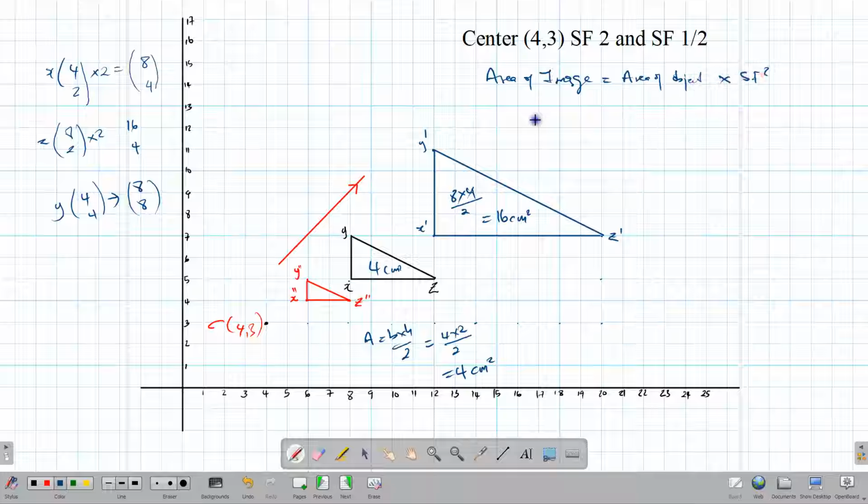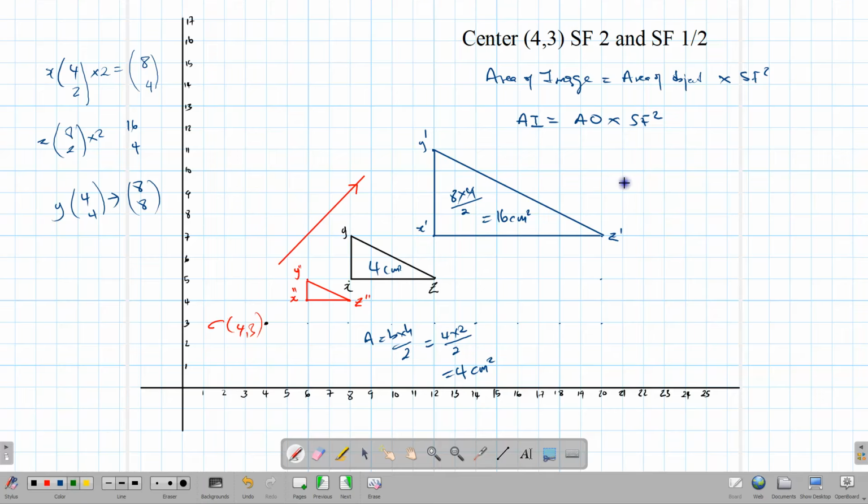So let's shorten that. Area of image is equal to area of object times scale factor squared. Let's try it on that. So the area of our image here is 4.